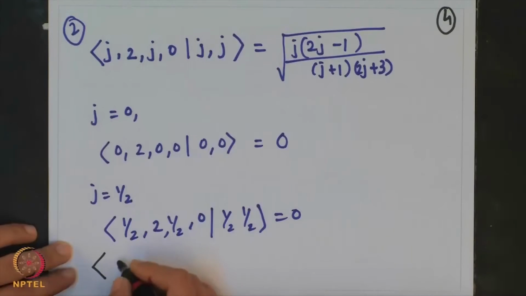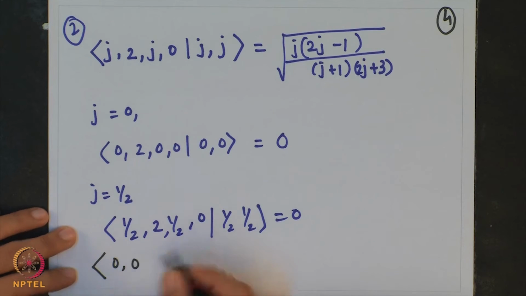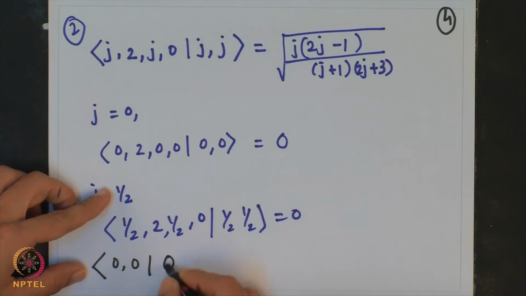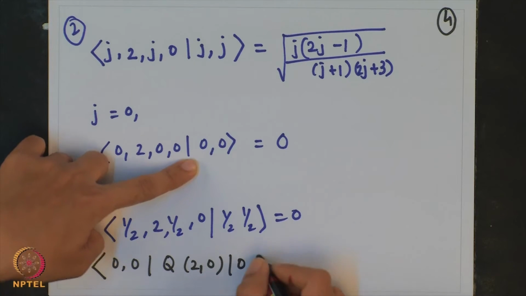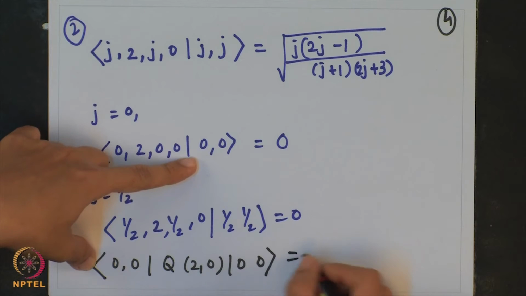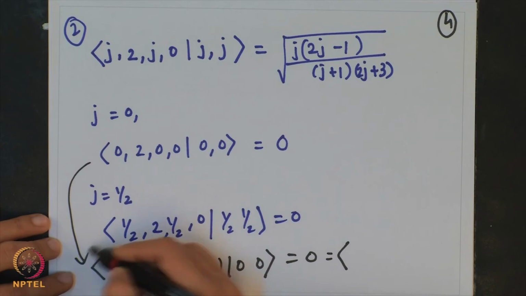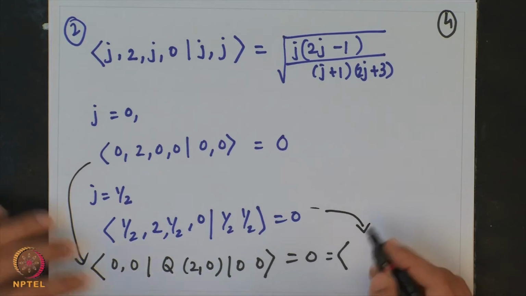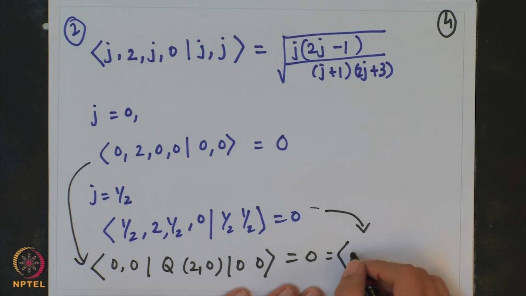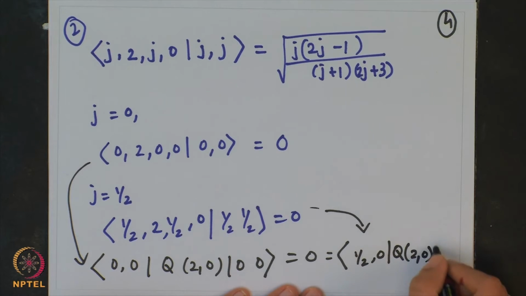I will have ⟨0 0| q 2 comma 0 |0 0⟩, correct. This term is 0, and another term is 0, which corresponds to this, that is I will have here ⟨half half| q 2 comma 0 |half half⟩.